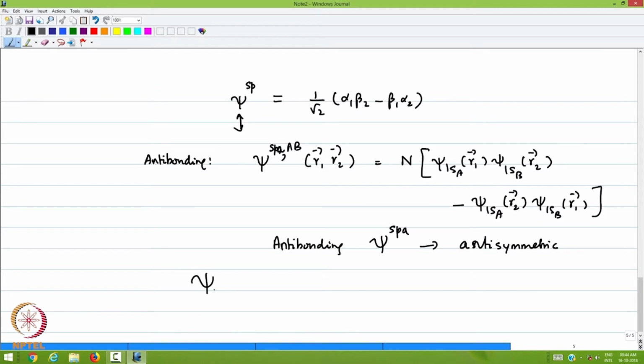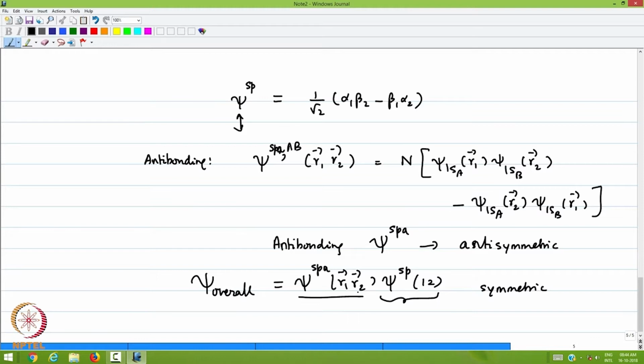Therefore, if you have to write psi overall as a product of psi spatial R1 R2 and psi spin 1 2, you see that this has to be symmetric. That is, with respect to the interchange of the spin coordinates of the 2 electrons, this wave function should not change sign, because the spatial part already changes sign in the anti-bonding case.